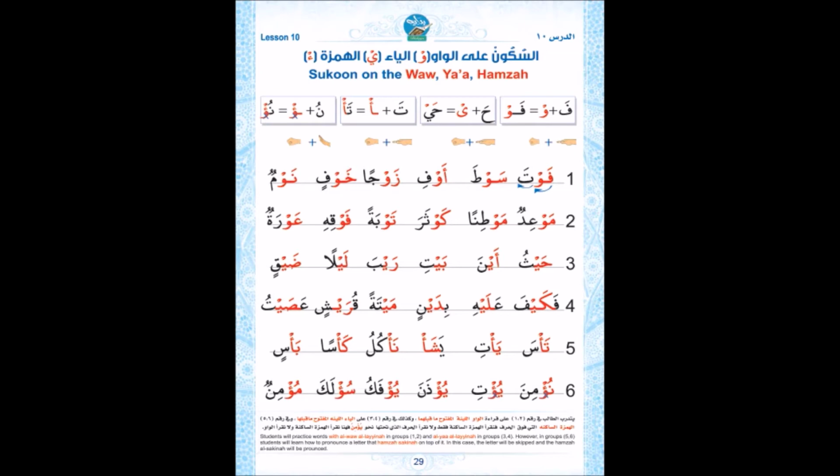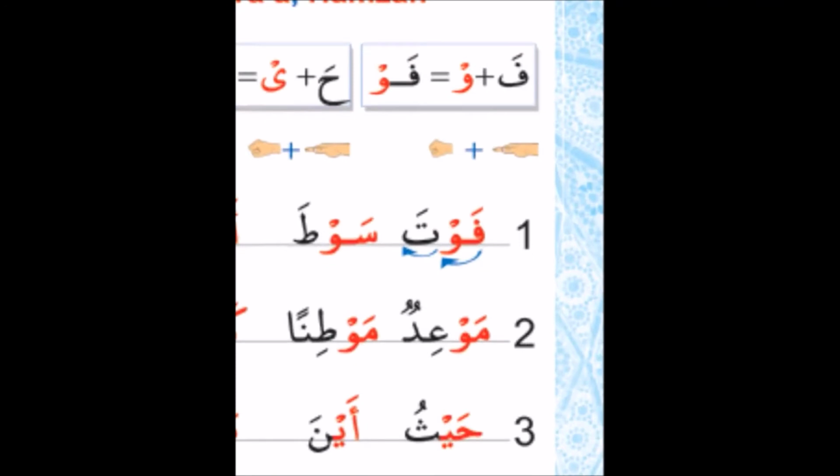So the first 2 lines, we have sukun on the waw, and you can see in red, we have the letters of interest, fa and waw. So in this case, when reading fawta, we want the student to split it into half, as usual. So we have fa, fatha, fa, waw sukun aw, fawta.